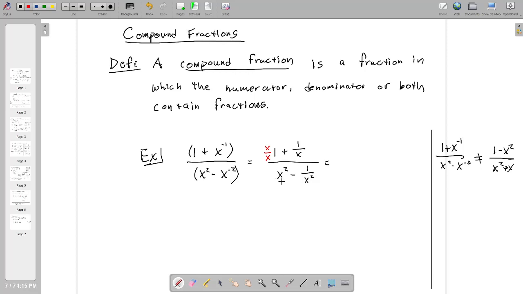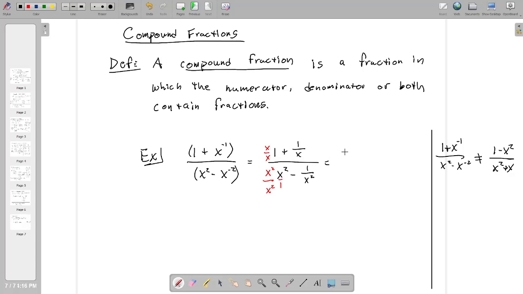Similar on bottom, we want to find a common denominator between x squared and 1 over x squared. So we multiply top and bottom of x squared by x squared here, like this. Now remember, x squared is over 1, so is 1. 1 is also over 1, but it doesn't really matter.